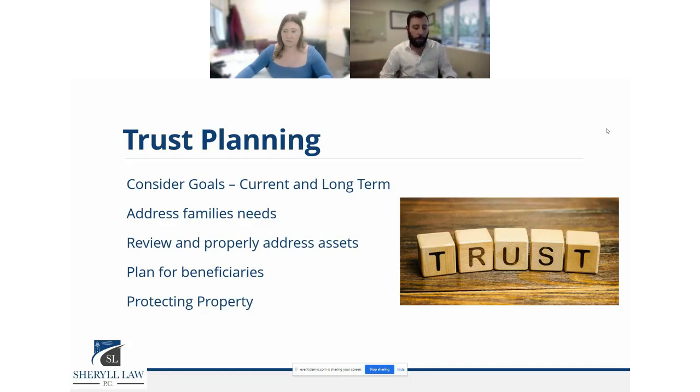Do you have people in your family that are disabled, like I was mentioning, have creditor issues, gambling issues, that have maybe less than stable marriages that you're not exactly happy with, a high net worth, subject to, I would call, lawsuit magnets like doctors or police officers, where you might want to protect assets from them.